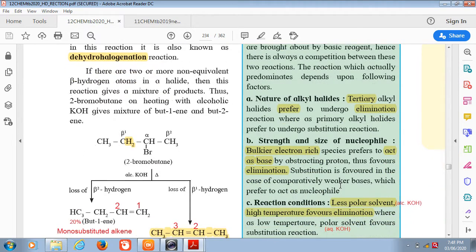First is the nature of the alkyl halide. Tertiary alkyl halide prefers to undergo elimination reaction, whereas primary alkyl halide prefers to undergo substitution reaction.